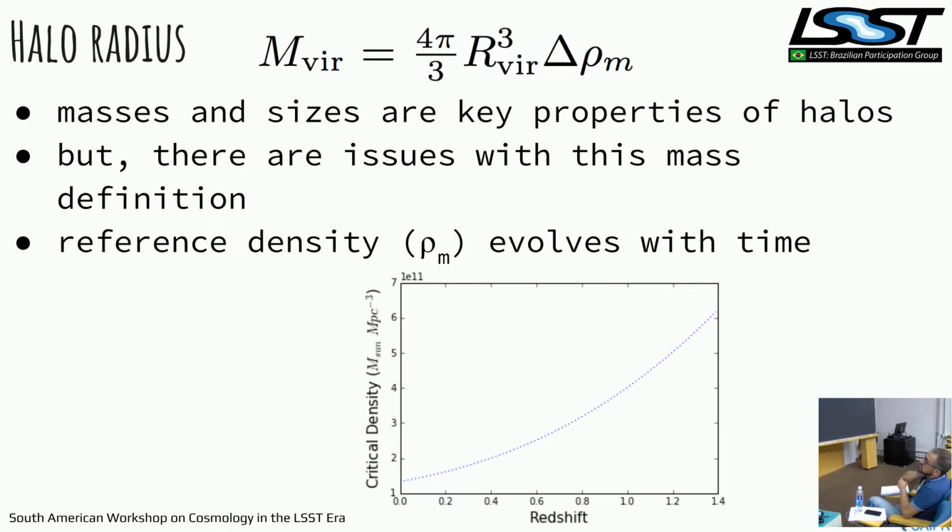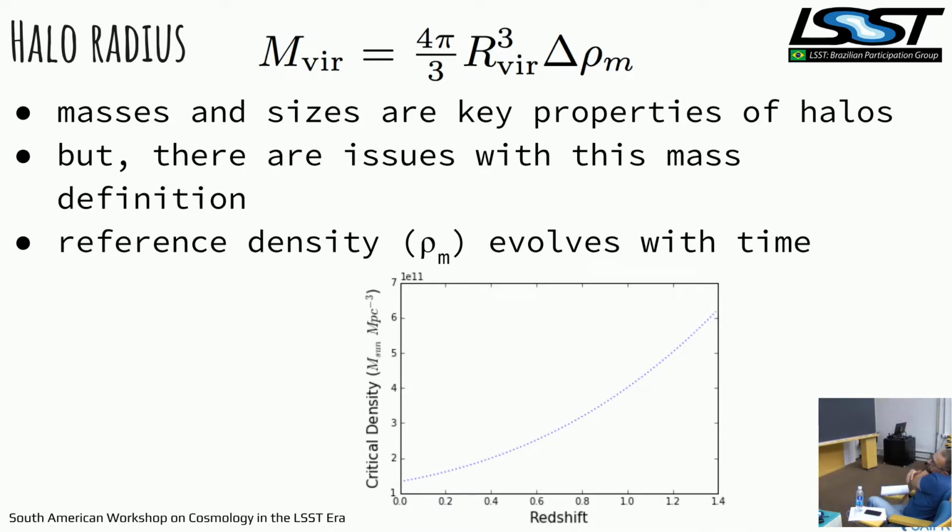But just to address something that I think will be presented elsewhere here, there is an issue with this definition. The mass and sizes of clusters are key definitions, right? But there is an issue with this definition, which is that the critical density that you use to scale and define this cluster evolves with time. Here you have the critical density as a function of redshift, so it gets lower and lower with redshift, right?